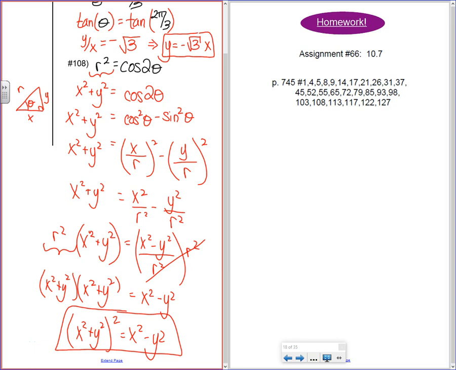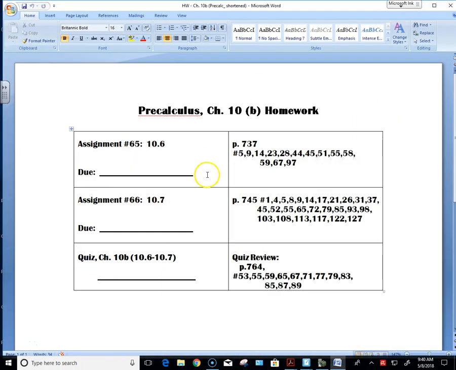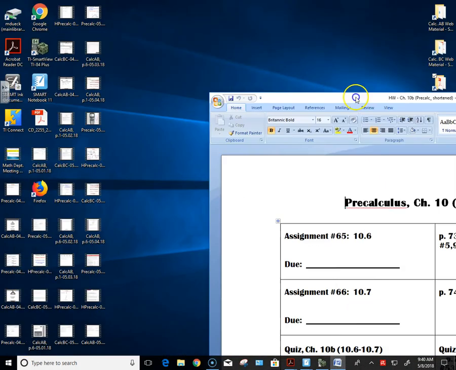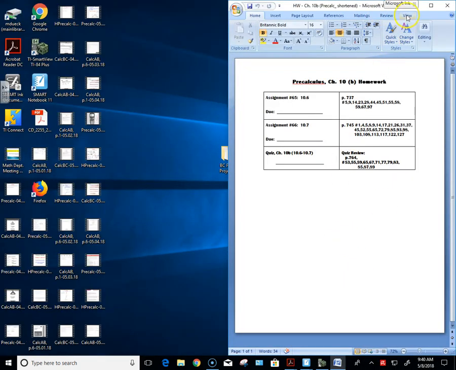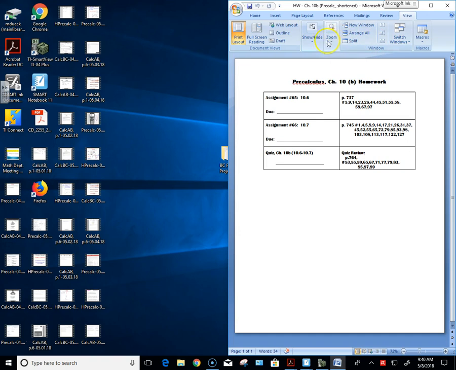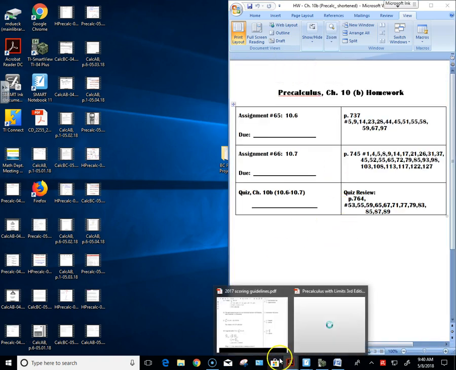Lainey. Yes, you may. Let me show you the two homeworks. Some of you might be able to start on the review at one point. So let me zoom in on this just a little bit so you can see not only 10-7, but also the review. We'll talk about it.